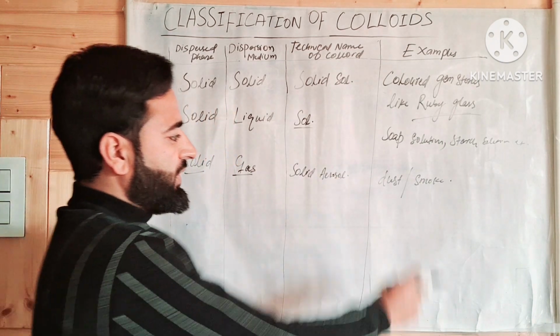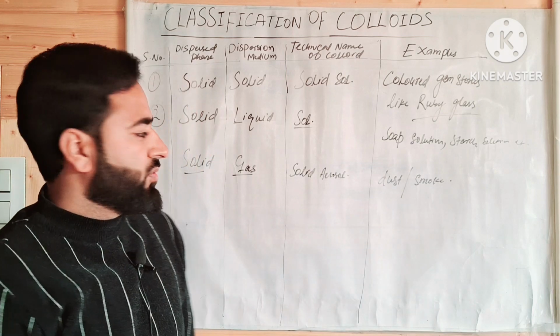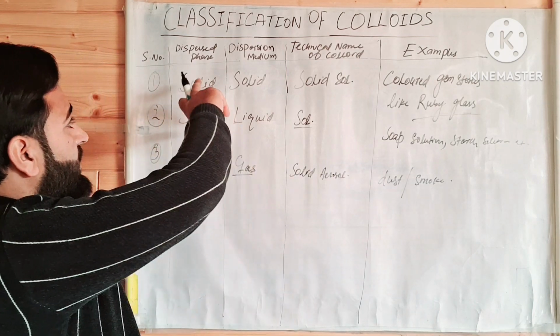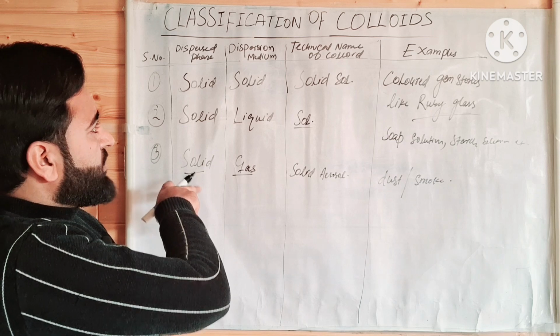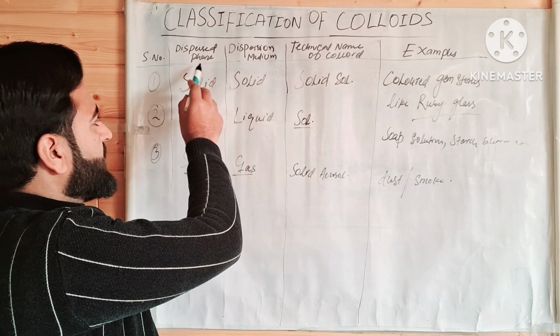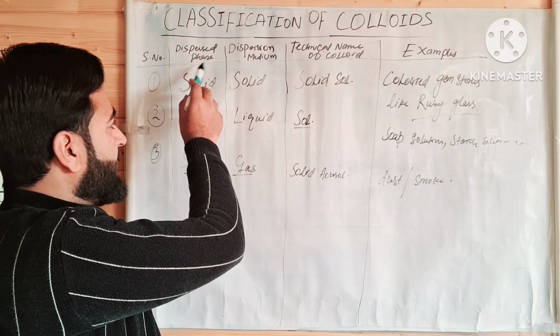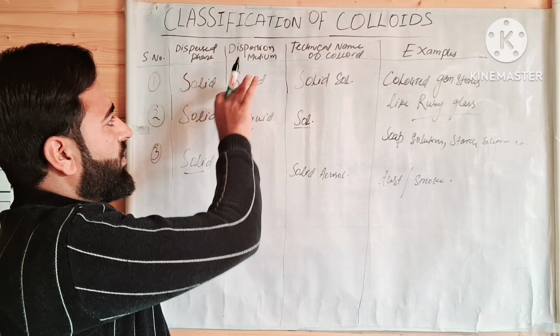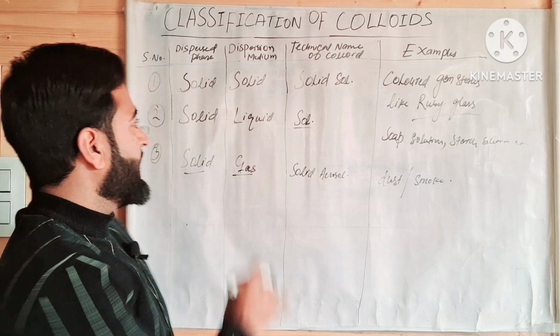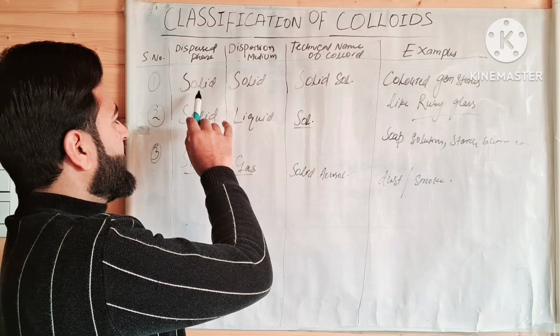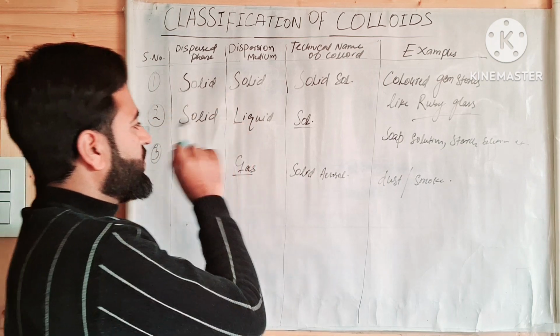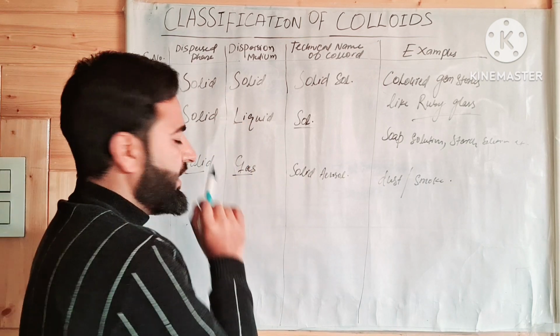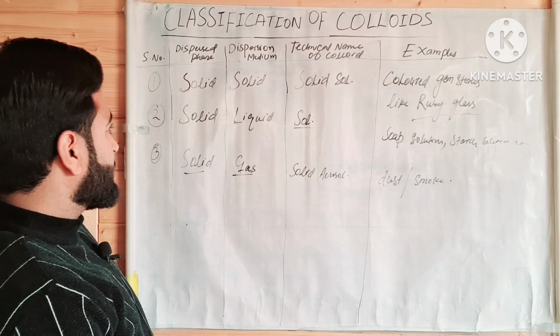In all three types of colloids, the dispersed phase is solid and only the dispersion medium is changing. First is solid in solid, then solid in liquid, then solid in gas.